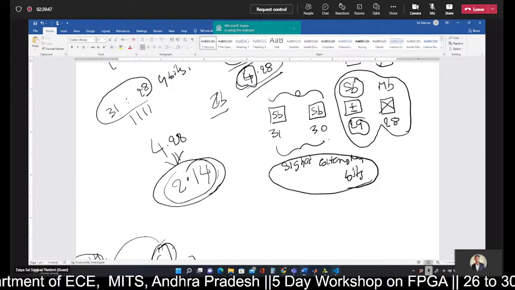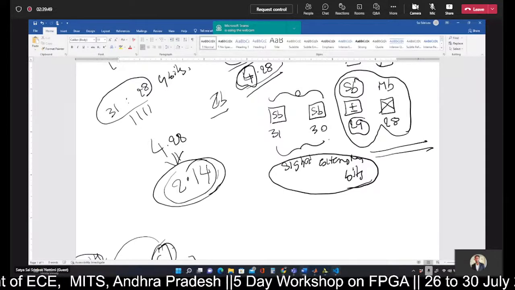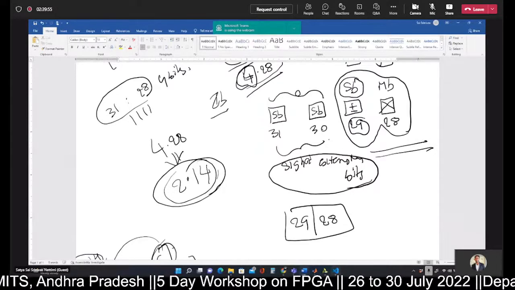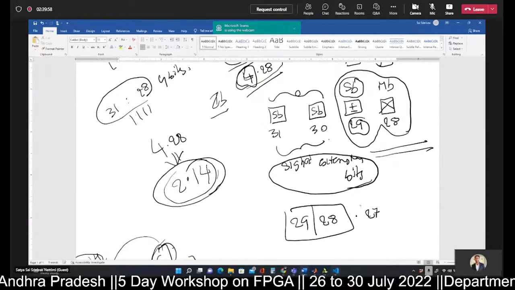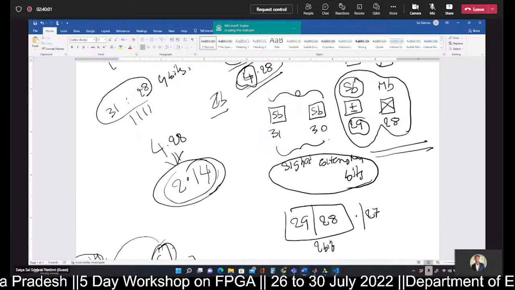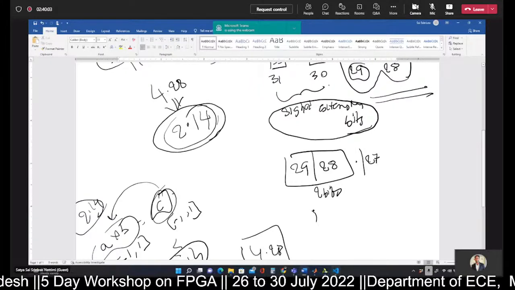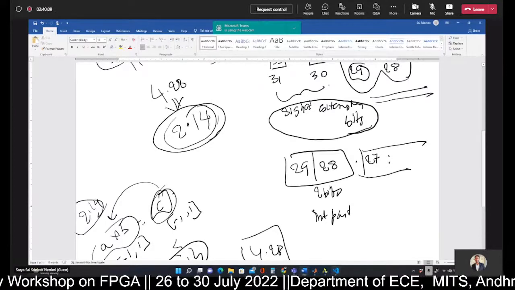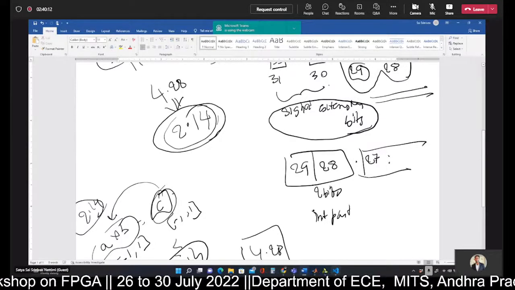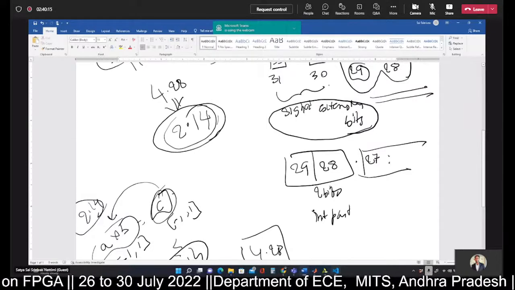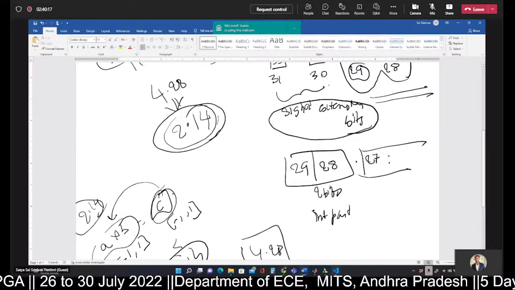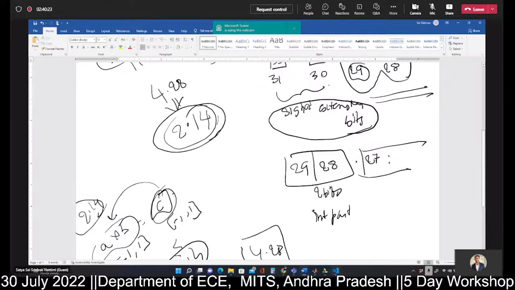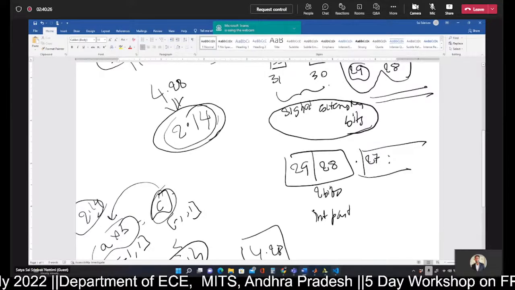If you see here, our actual sign bit and magnitude bit are at bit numbers 29 and 28. So these 29 and 28, we will take together as the 2 bits of the integer part, and the remaining from 27 down to, I think, 14, if I'm not wrong. Let me check. Yes, 14.